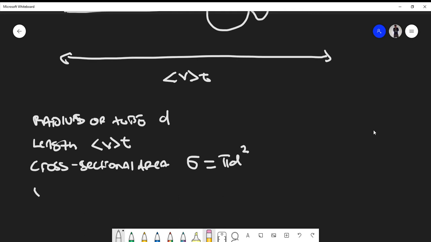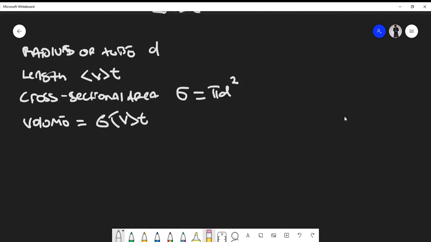So therefore, the volume of the tube must be equal to the cross-sectional area times the length. So this is equal to sigma times v times t. So that must be the volume, the cross-sectional area times the length. Now, sigma, which is the cross-sectional area, we actually call this the collision cross-section of a gas.